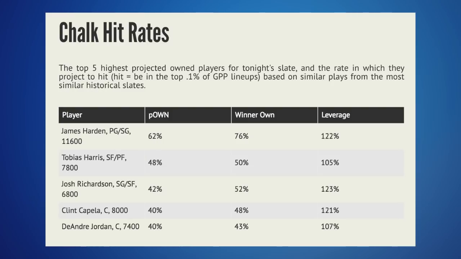So players who are most similar in terms of ownership, position, fantasy point projection, all those different things are brought into here. And it's looking at those, at the past slates, and it says, how often are these on winning lineups versus what we are projecting them for? And if they're on winning lineups more often than what we're seeing as a projection, then the player might provide some decent leverage, so some positive leverage here. So it'll go through the top 5 players for every single slate on a daily basis.